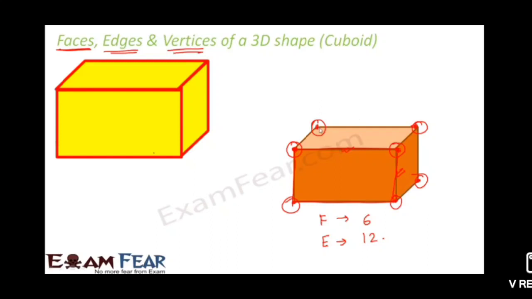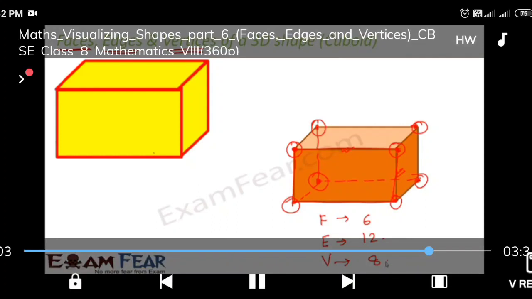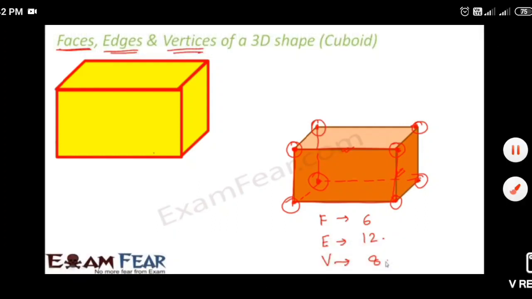There is one more, but we can't see it because it is inside the cuboid, this one. So count: 1 2 3 4 5 6 7 8. There are 8 vertices. Understand the meaning of faces, edges and vertices.